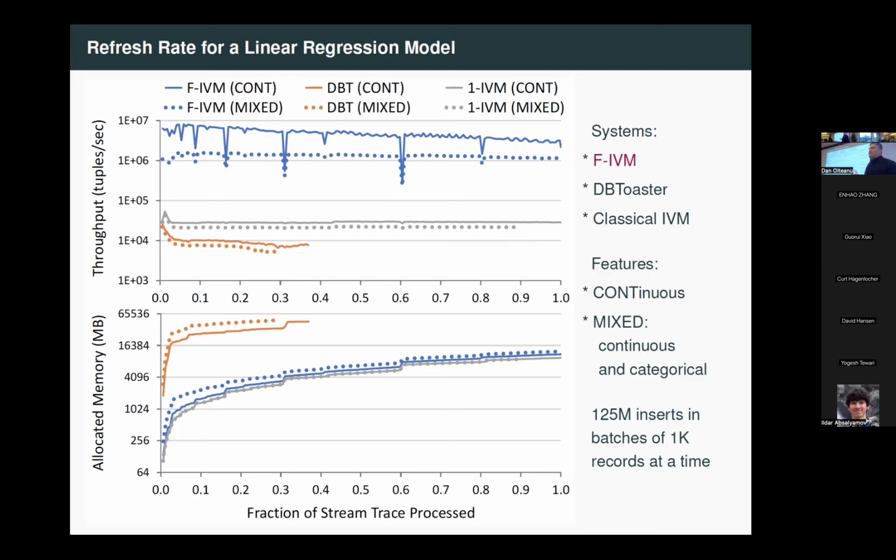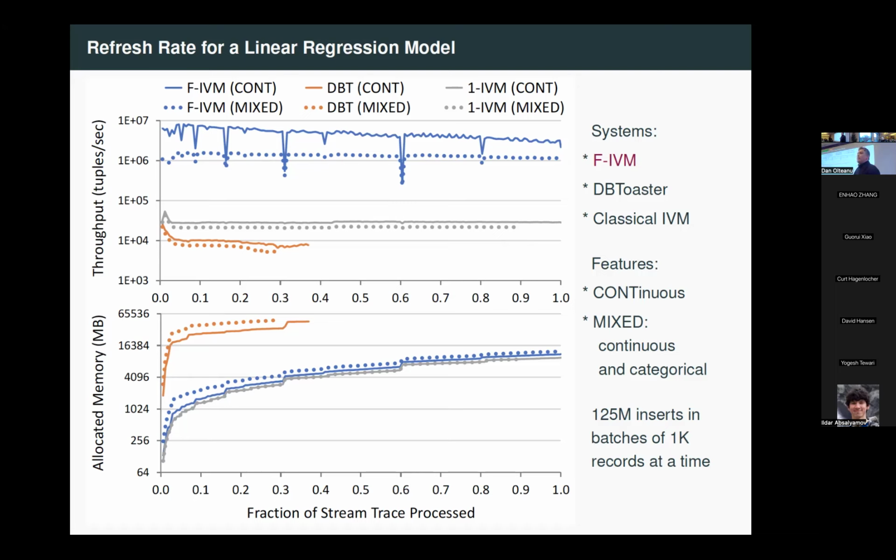This is the classical incremental view maintenance approach, the one most used in databases these days, which does it by means of delta queries. If you have heard of delta queries, what you see is that if all features are continuous, this is the blue continuous line you have here, we basically do more than a million updates per second on one machine.